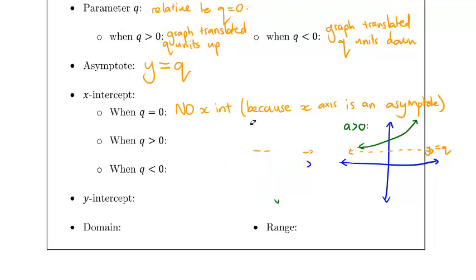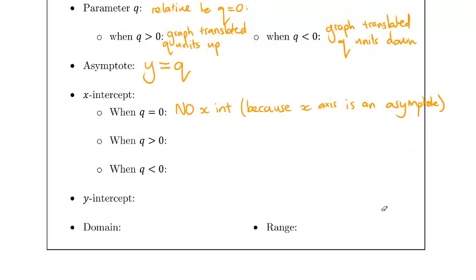When q is greater than 0, there is only an x-intercept if a is less than 0. Just like when q is less than 0, there's only an x-intercept if a is greater than 0.